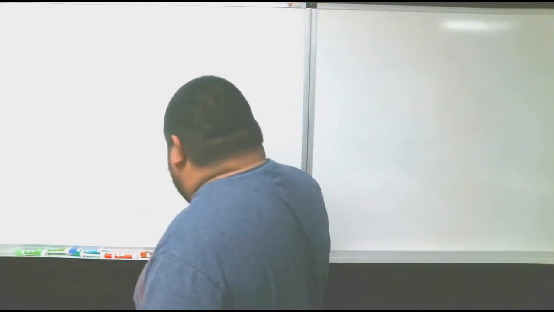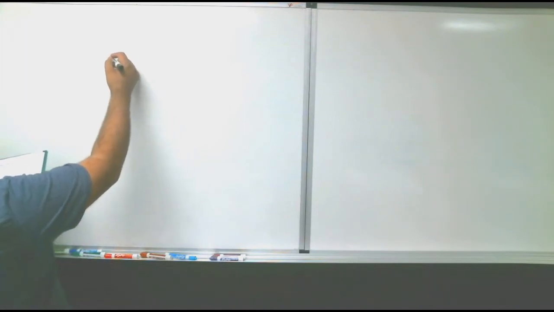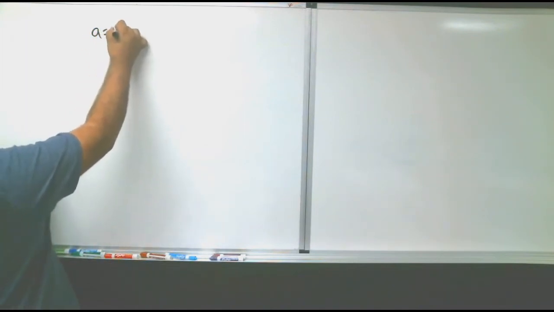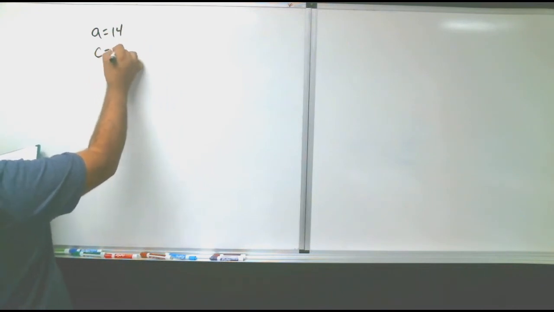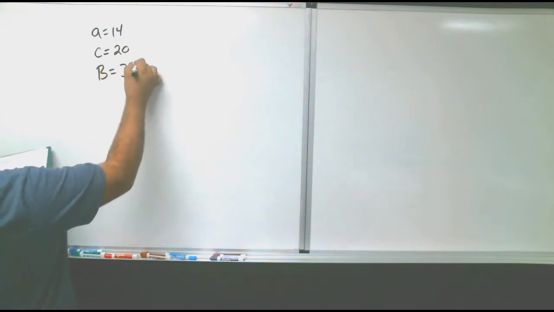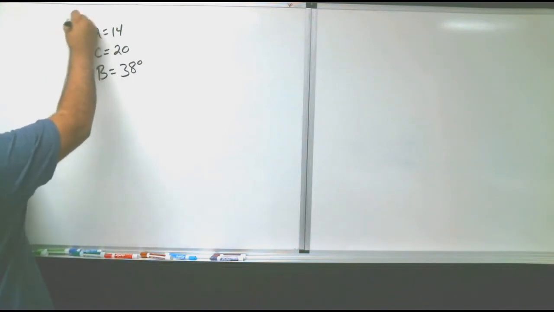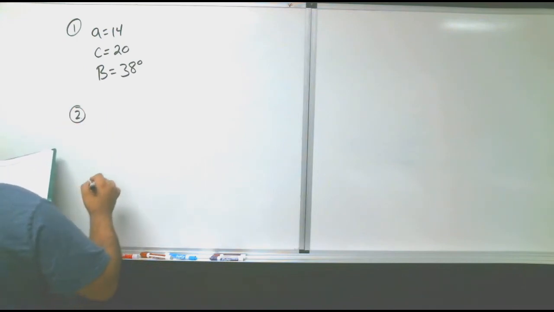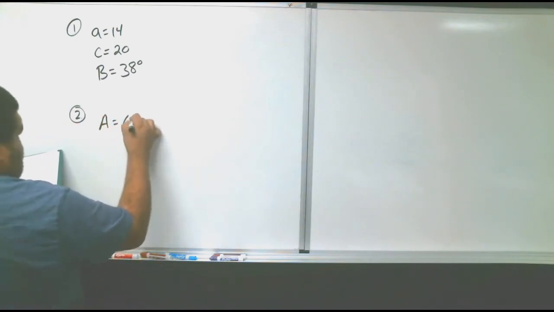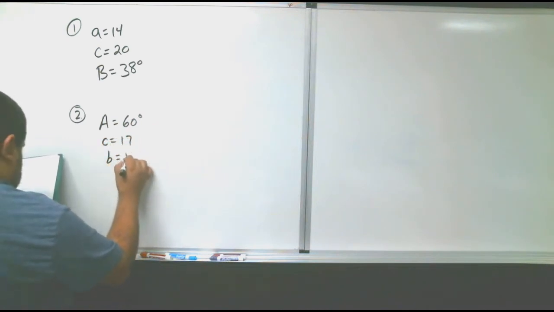I'm not going to draw the whole triangle, I'm only going to give you the pieces. Number one: little a equals 14, little c equals 20, capital B equals 38 degrees. Number two: A equals 60 degrees, little c is 17, and little b is 12.